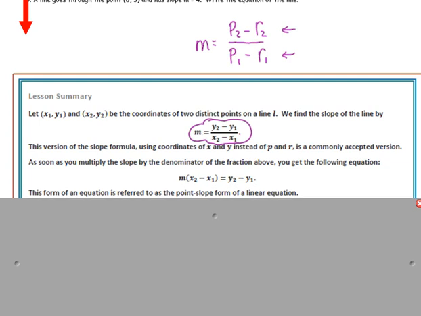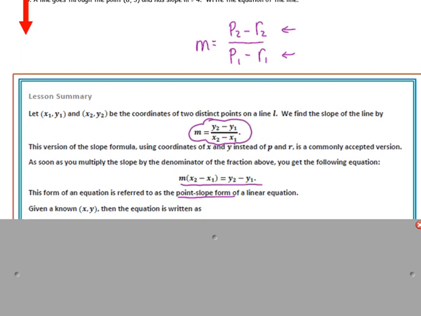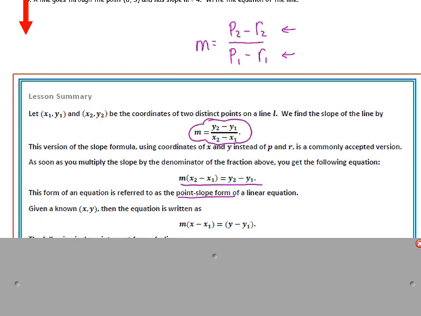This is the form of the equation referred to as the point-slope formula of a linear equation. Given a known x and y ordered pair, then the equation is written as m times the quantity x minus x sub 1 equals y minus y sub 1.